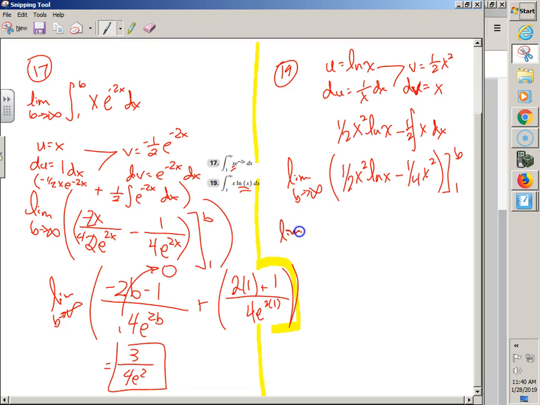So I'm guessing the hard part wasn't taking the limit. Yeah. Well, honestly, the ln. I just assumed it was infinity. I think I would have taken out my x squared.